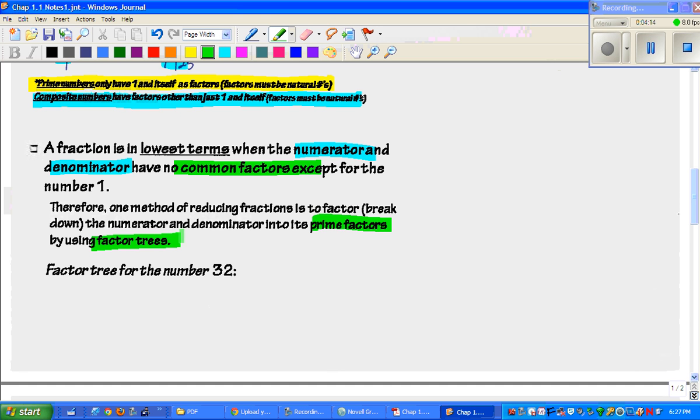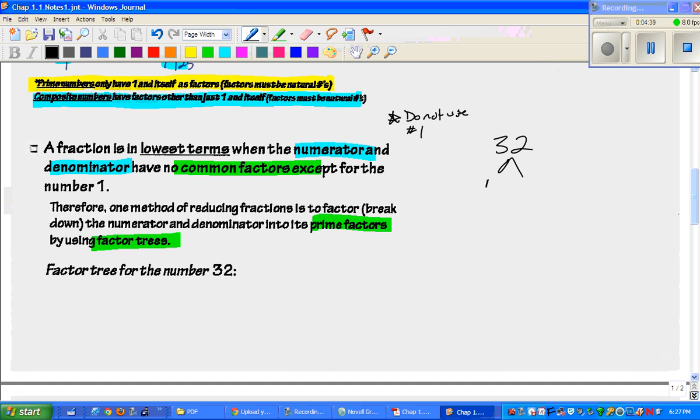And we're going to do that using a factor tree. Some of you guys might have seen this before when you take a number and you start breaking it down. So what numbers multiply to get to 32? And the key thing right here is we do not use the number 1.